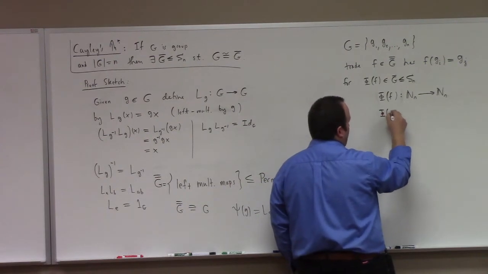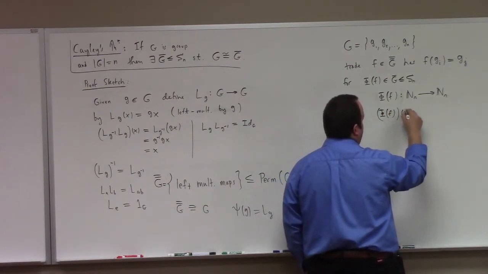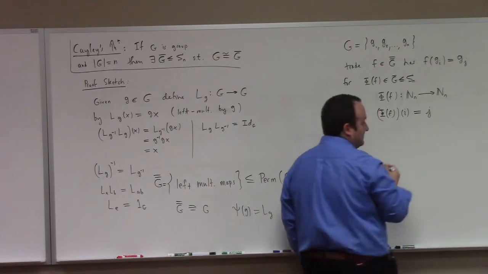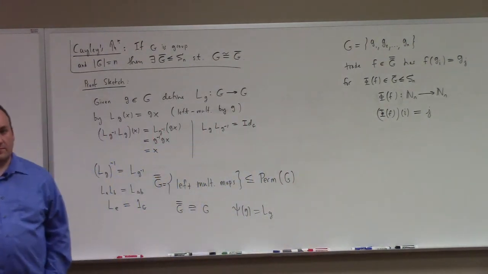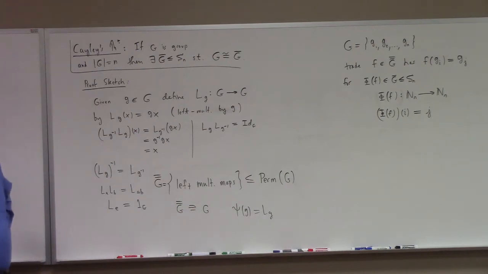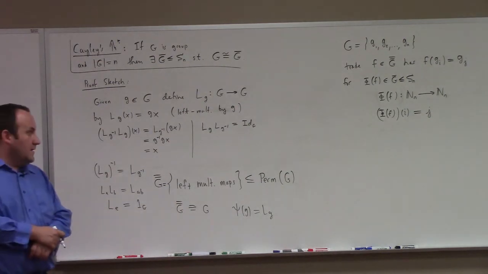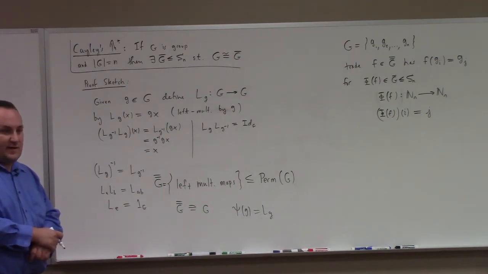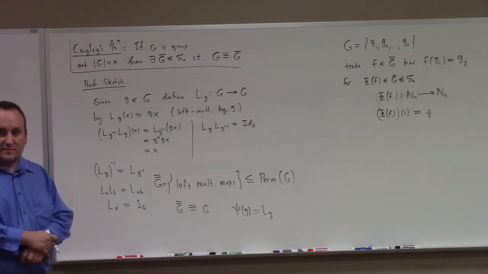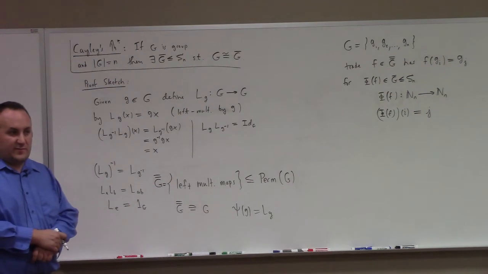So if I take phi bar of F and let that act on I, it should just give me back J. So in this way, I trade a permutation on G for a corresponding permutation on 1 through n by just supposing that it sorts the labels the same way it sorts the group elements corresponding to those labels.